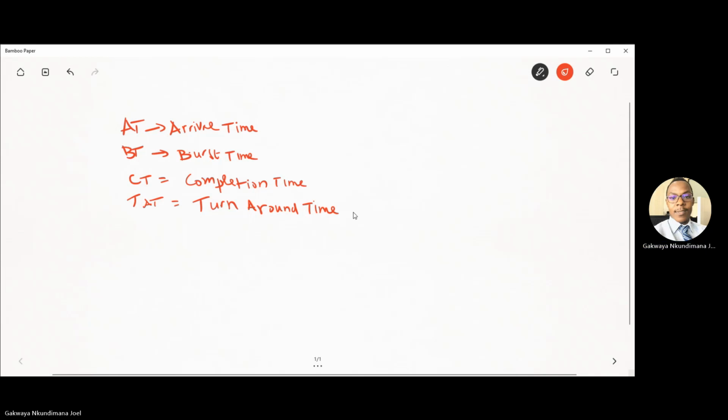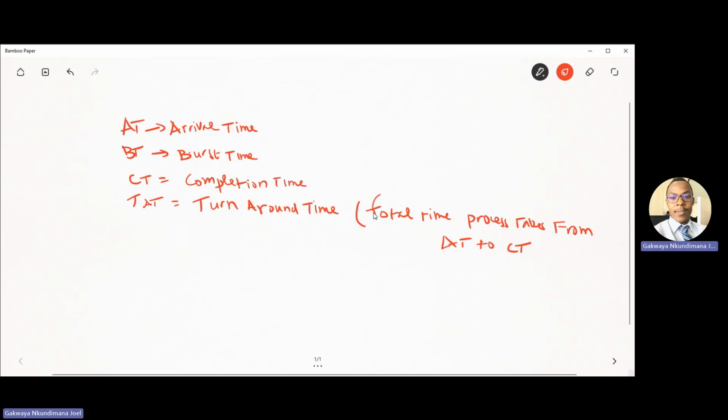This is the total time a process takes, from the time it arrives in the ready queue, from AT, arrival time, to the completion of the process, to CT, right?